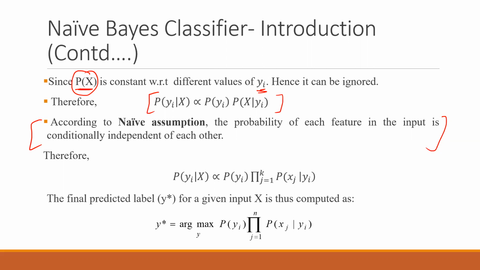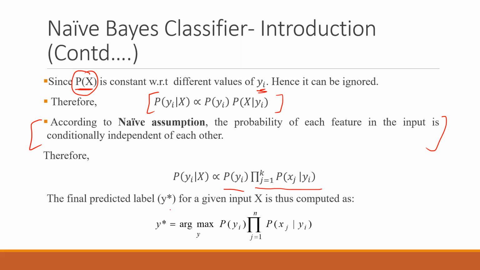But then let's see how this naive-Bayes assumption helps us. So therefore, we can say that on the right hand side, P of yi and this product of all the xj given yi. This is the combination that gives me the posterior probability.